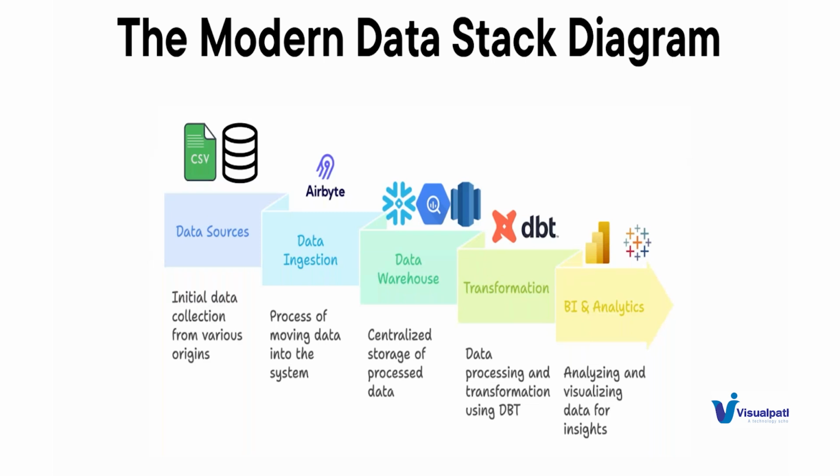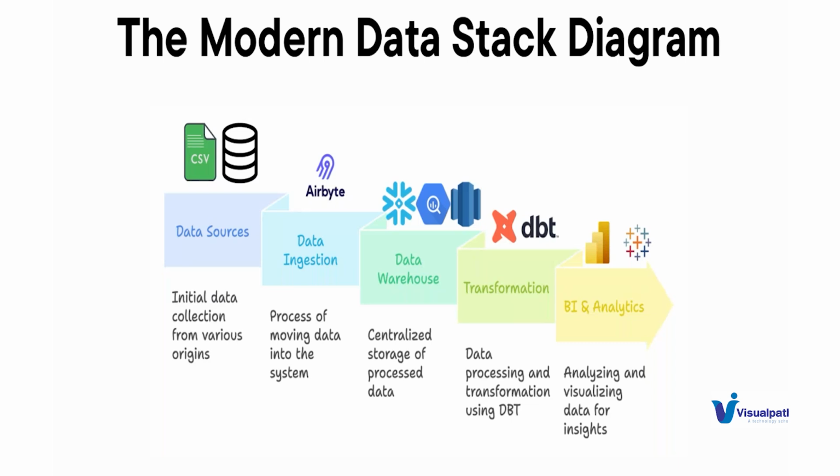So we have different data sources: file sources, databases or APIs. Then we can do the data ingestion. It could be through any tool like Airbyte or Fivetran, or through Python or PySpark scripts, through which we can get the data from some system, extract it, and then load it into the data warehouse.